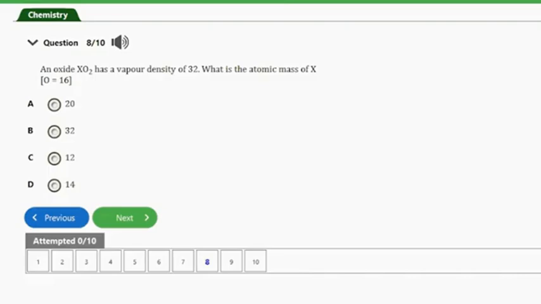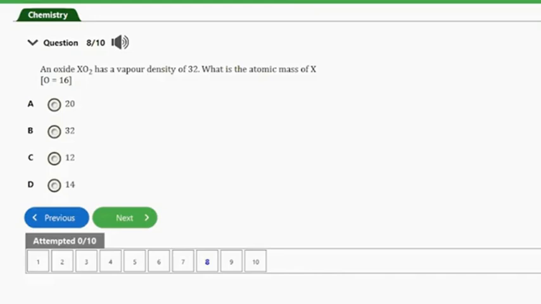So guys, we need to understand that the vapor density is actually half of the molecular mass. So the molecular mass over 2 is the vapor density.